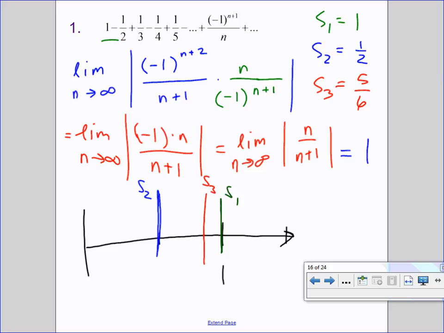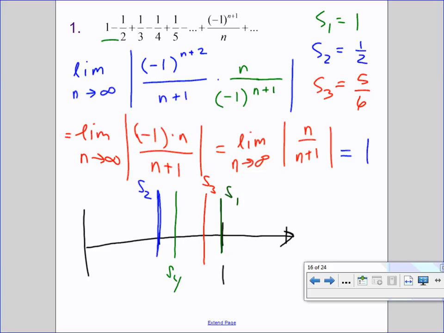Okay. S sub 4, and we get our calculator anytime. S sub 4 then does minus 1/4. So go ahead and do 5/6 minus 1/4, please. 7/12, which is about 0.58. So that's S sub 4.